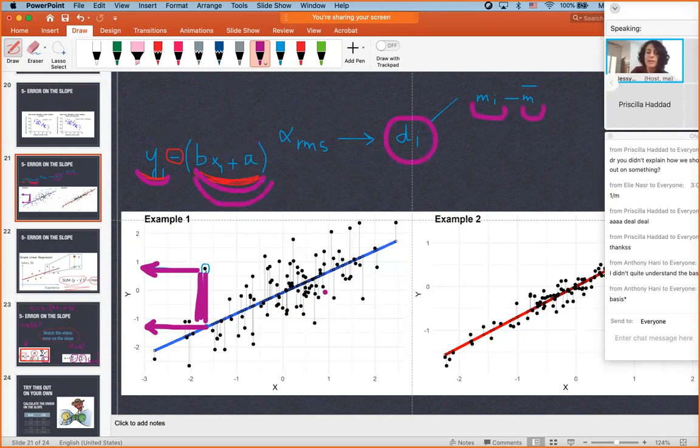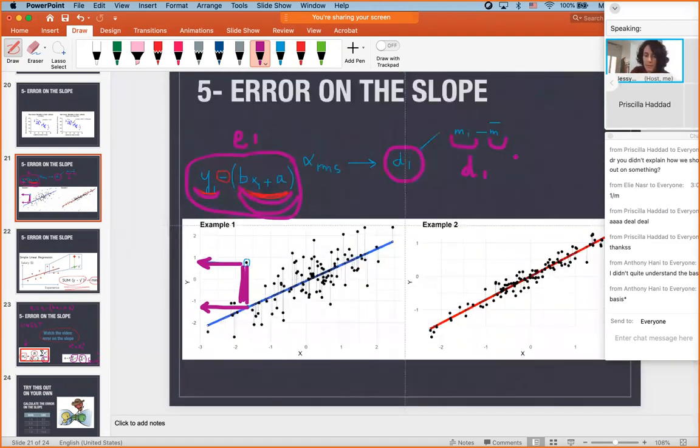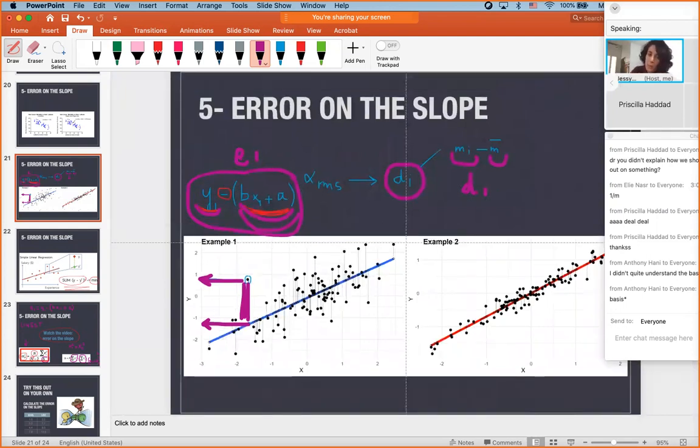Isn't the blue line the average of all the points? So this is called E1. And this is very similar to D1, to be honest. I'm just showing how this is similar to that. But D1 is 1-dimensional and E1 is 2-dimensional, where you include the slope, the y-intercept, x1 and y1.